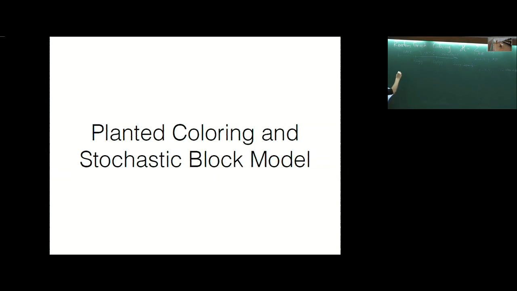So one of the things that we defined yesterday and to which I will be comparing today is this annealed entropy, which simply was the logarithm of the expectation of the number of colorings of a given graph. And the expression we got was logarithm Q plus average degree over two times logarithm of 1 minus 1 over Q. Okay.